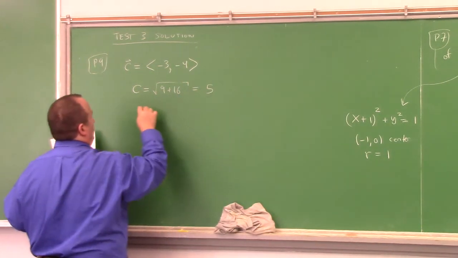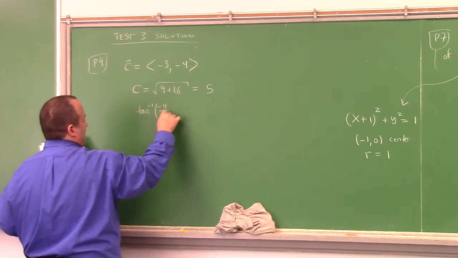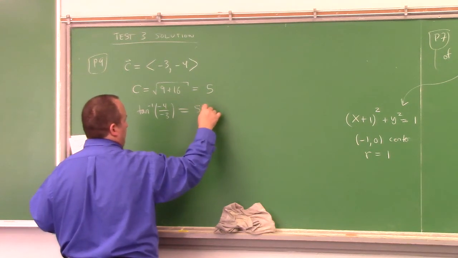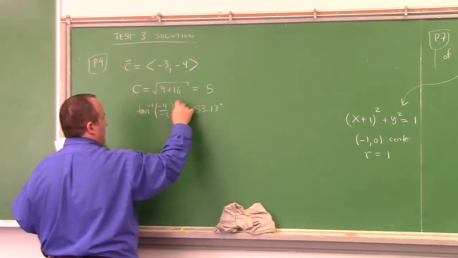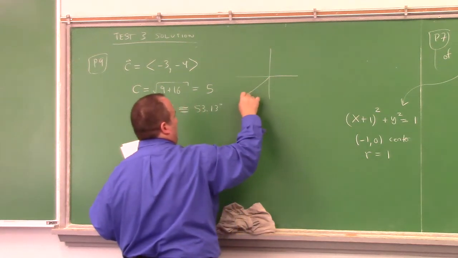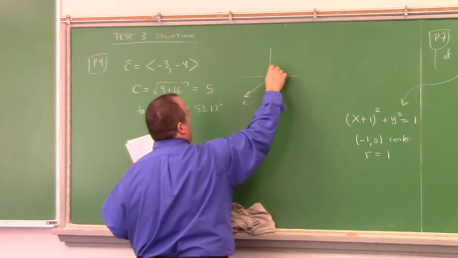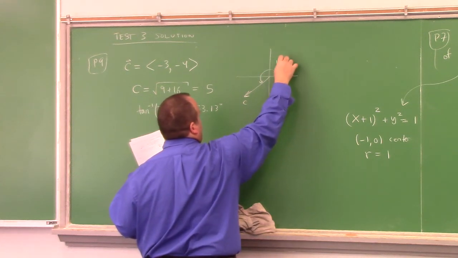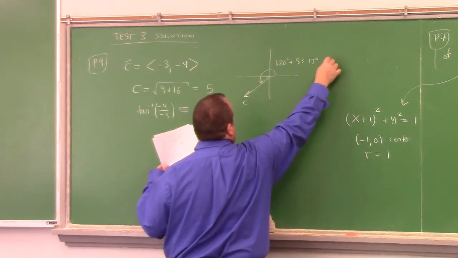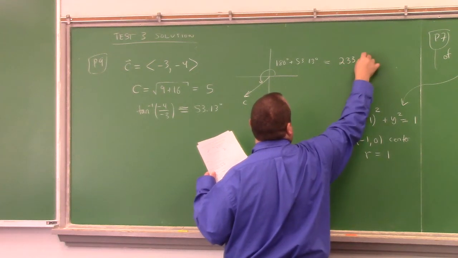Great. And inverse tangent of -4 over -3 is 53.13 degrees. That is not the angle here, right? Because where is C? C is over here somewhere, right? So we need to go like that. That's going to be 180 degrees plus that 53.13 degrees. So the standard angle here was 233.13 degrees.